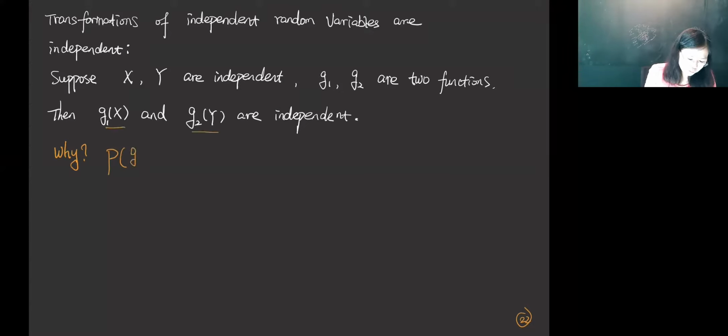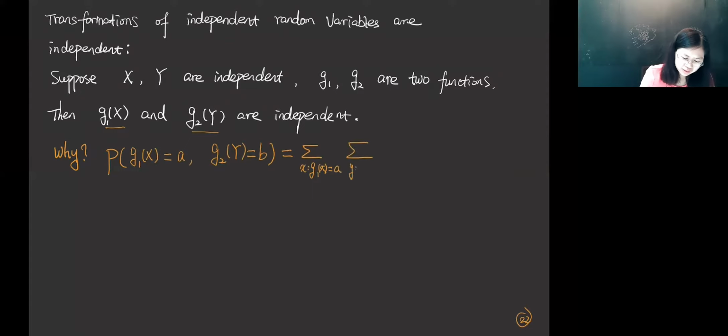So the probability that g1 of x equals some value, say a, and g2 of y equals some value, say b, we can derive that this equals the sum over all the little x for which g1 of little x equals a, and sum over little y such that g2 of y equals b, of P(x equals little x, y equals little y).